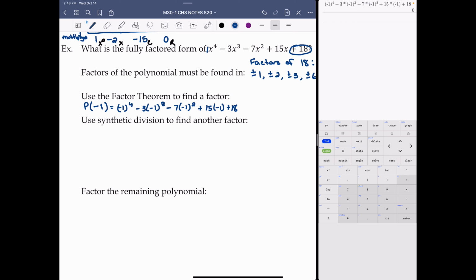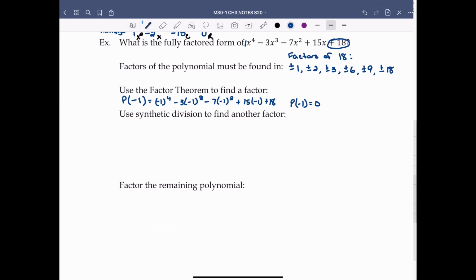There we go, we get 0. P of negative 1 equals 0. Therefore, x minus a, so x minus negative 1, which is x plus 1, is a factor of p of x.